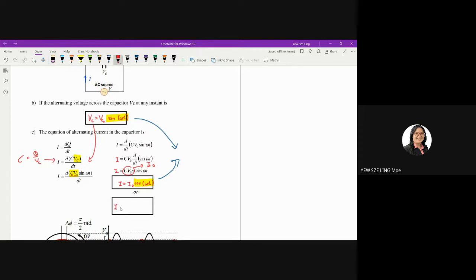Well, I at the same time equals I naught sine omega t plus pi over 2. So once you transform into a sine function, you can then calculate the phase difference between VC and I. Remember, cos omega t equals sine omega t plus pi over 2.